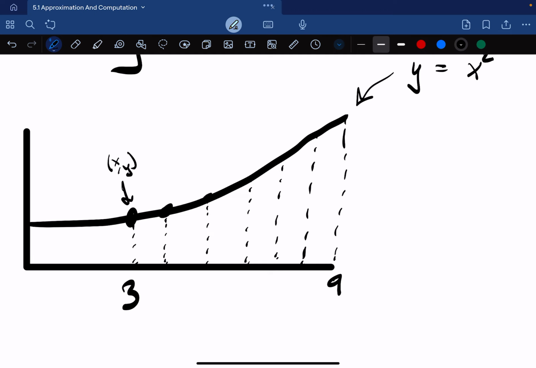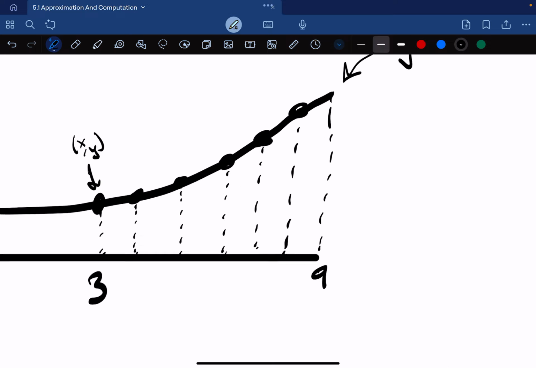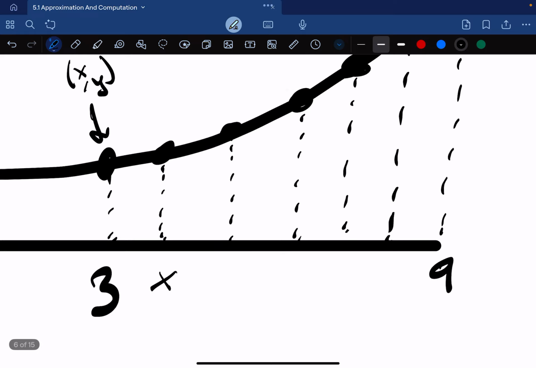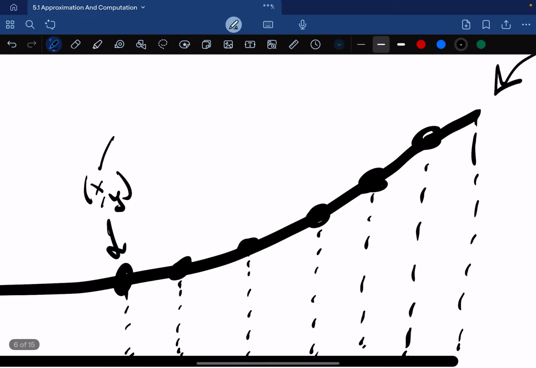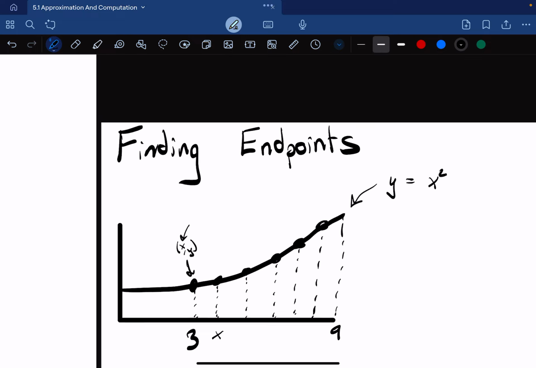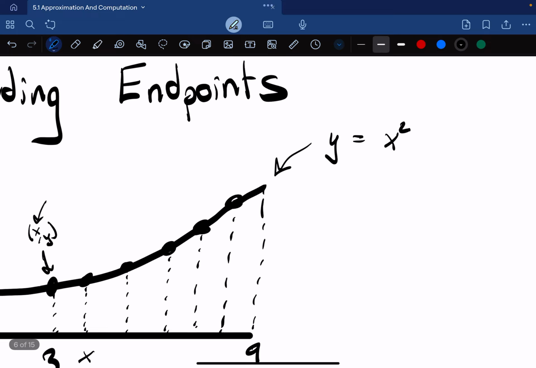And each and every single one of these rectangles will have a point that is on the curve. And basically all we do is we find whatever endpoint, so whatever x value is down here. So the first thing we do is we find the x value of each of these points, and then we plug it into this function.